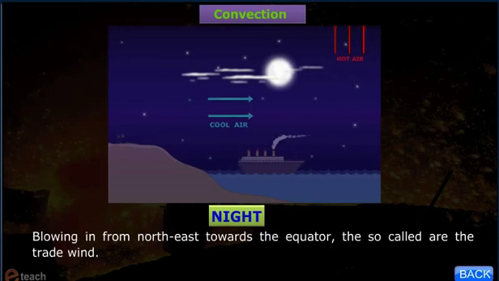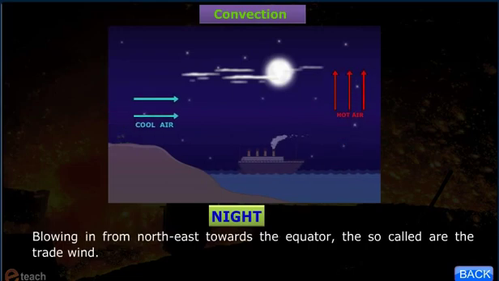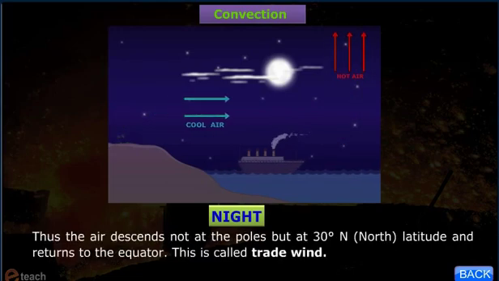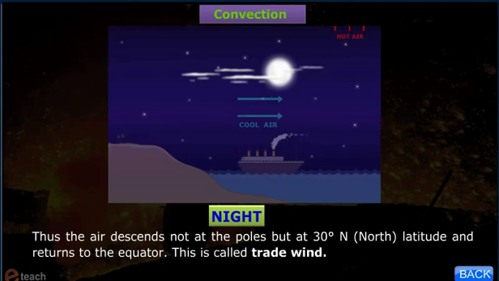Blowing in from the northeast towards the equator, it forms the so-called trade wind. Thus, the air descends not at the poles but at 30 degrees north latitude and returns to the equator. This is called the trade wind.